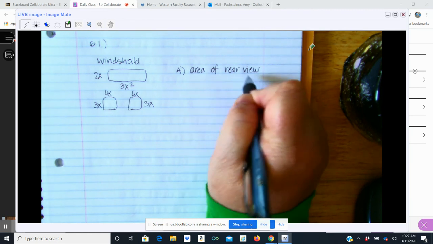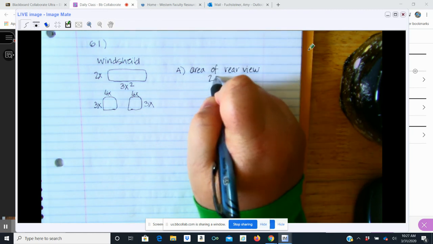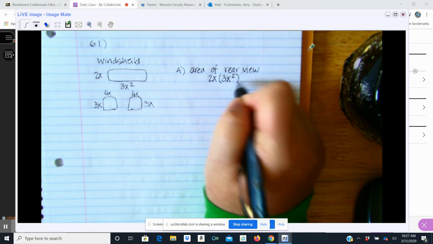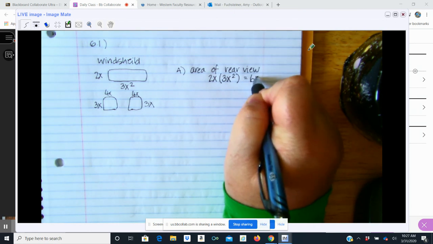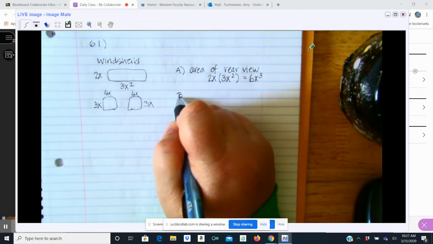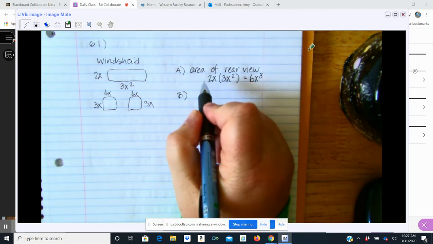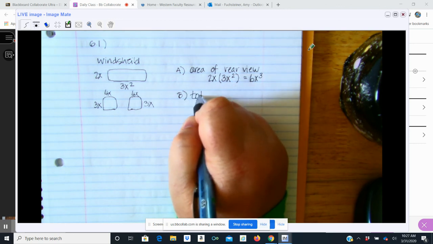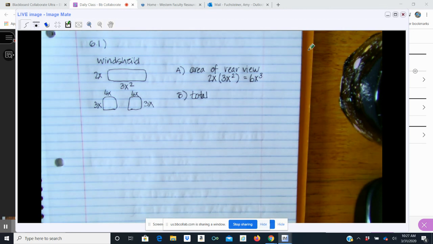So in order to find the area of the rear view, we would just do the length times the width, which is 6x cubed. Part B, nope, area is length times width.